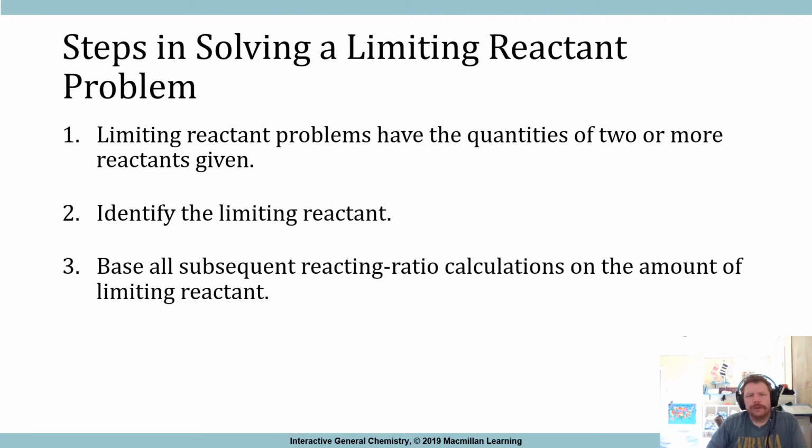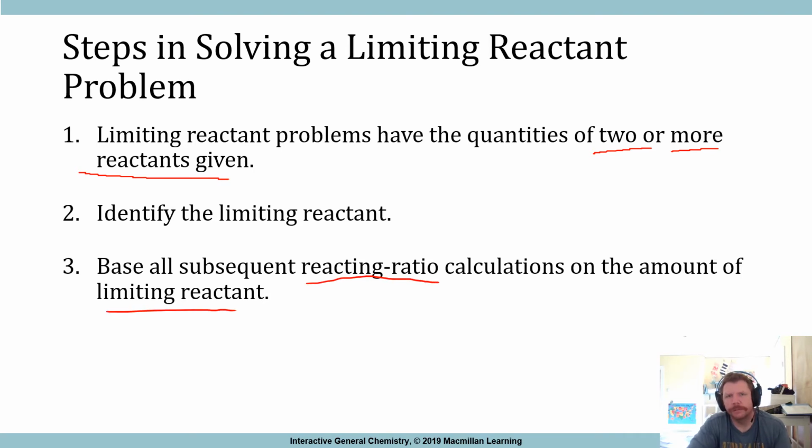So to address this sort of question, we have a process, and we have some steps that you can follow to solve a limiting reactant problem. Limiting reactant problems have quantities of 2 or more reactants given. So what you need to do is identify the limiting reactant and base all subsequent reacting ratio calculations on the amount of your limiting reactant.